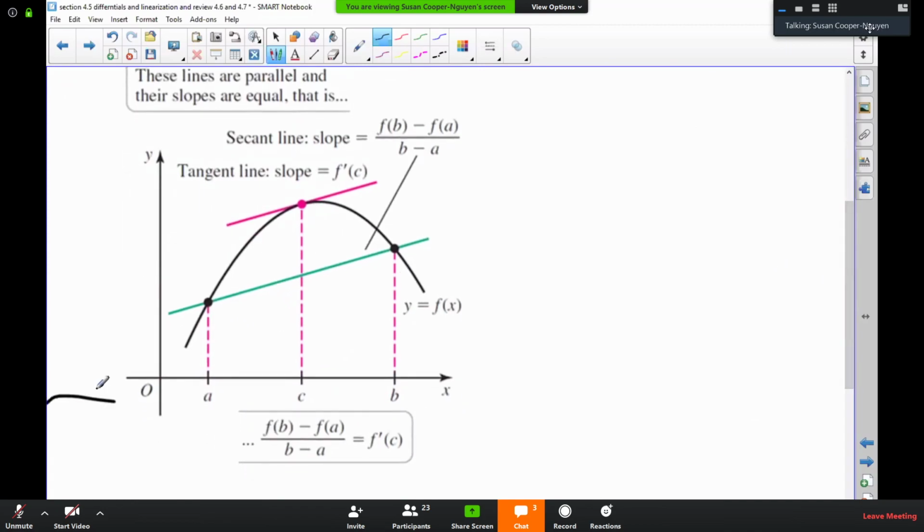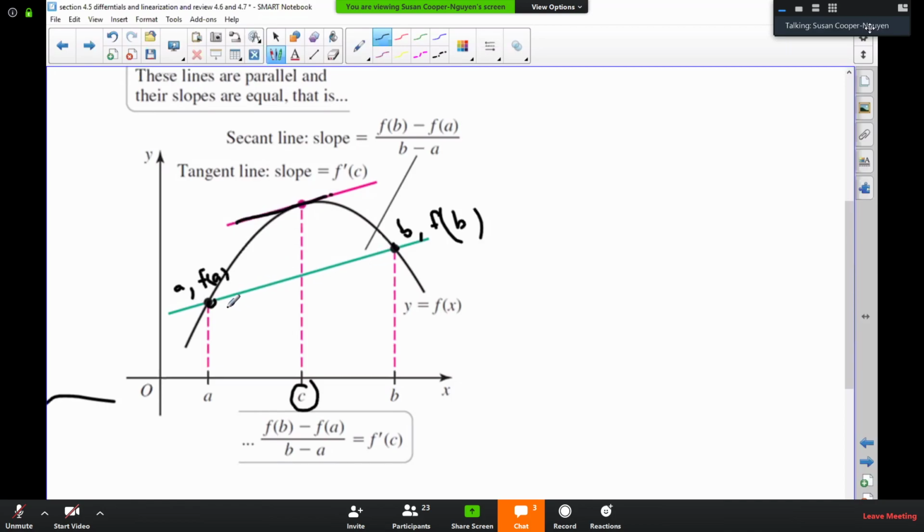It means that if you have a location here, we can call it a, f of a, and a location here, we can call it b, f of b, all the mean value theorem is saying is that there must exist a point C in between A and B such that the slope of the tangent line is the same as the slope of the secant line.